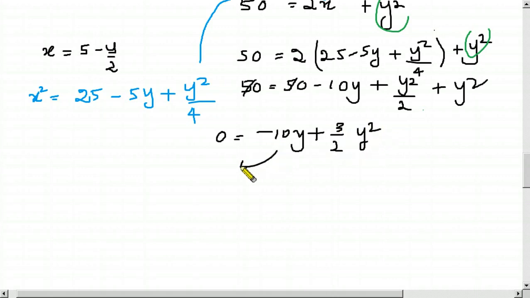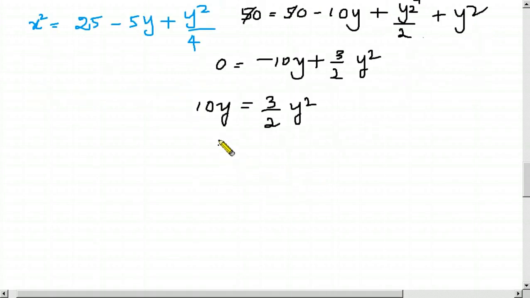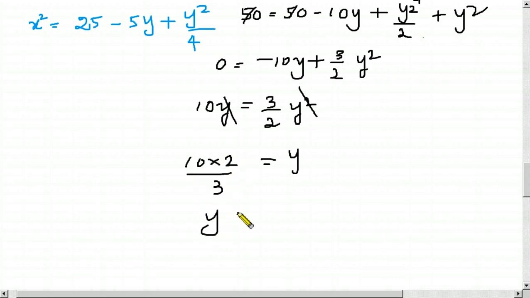So we take this to this side, so 10y equals 3 divided by 2 y squared. So 1 y cancels, then y equals 10 times 2 divided by 3, y equals 20 divided by 3. So this one is the answer.